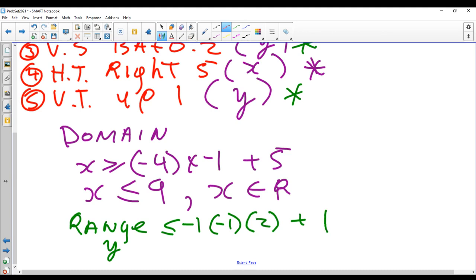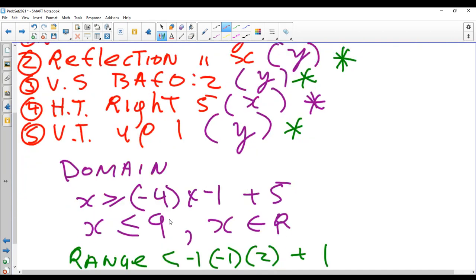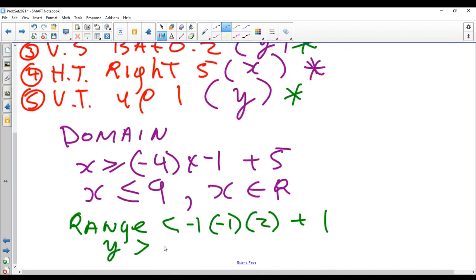So that would be positive 2 plus 1, which is 3. So I'm going to change this to, it's not less than or equal to, by the way, it's just less than. So let me change that. And then he's going to make it y is greater than, because it used to be less than, greater than 3. So this multiplies those, gives us 2 plus 1 is 3. Y is greater than 3.